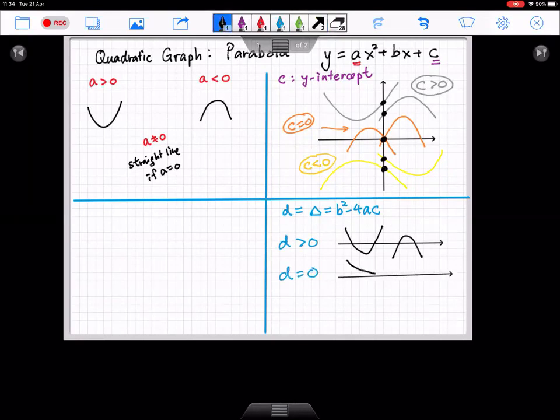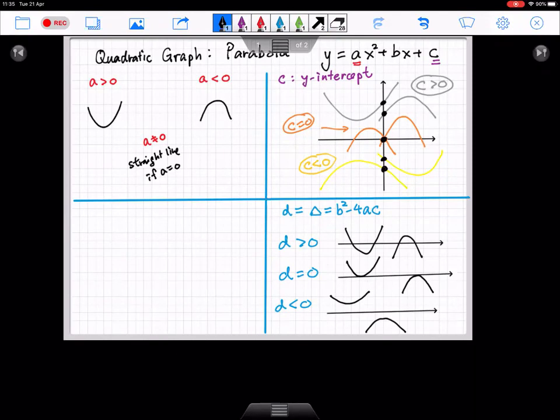Like this, or like this, right? These are cases with 0 discriminant. And finally, when you have a negative discriminant, we have the parabola disjoint with the x-axis. It does not touch the x-axis at all. These are for negative discriminant, all right? So D is a calculated value, it's b squared minus 4ac. Positive, 0, negative, we have different behavior, all right?